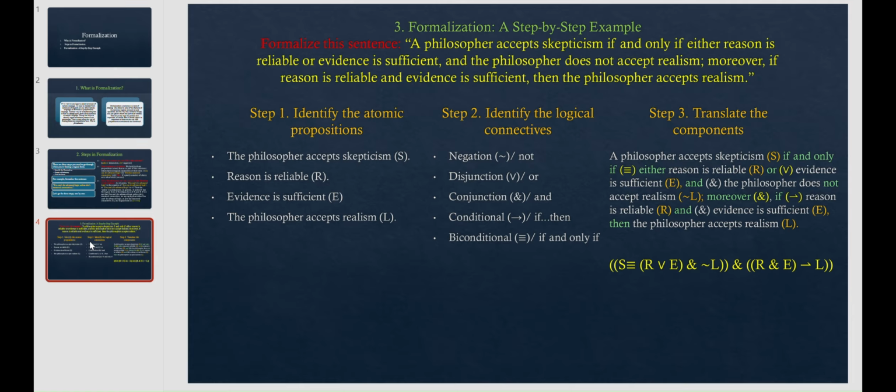If we can do these 2 steps in the right way, our last step will not be difficult for us. We merely put the signs of the logical connectives and variables of each simple statement in the formula, and we can get our final result, as you can see here.